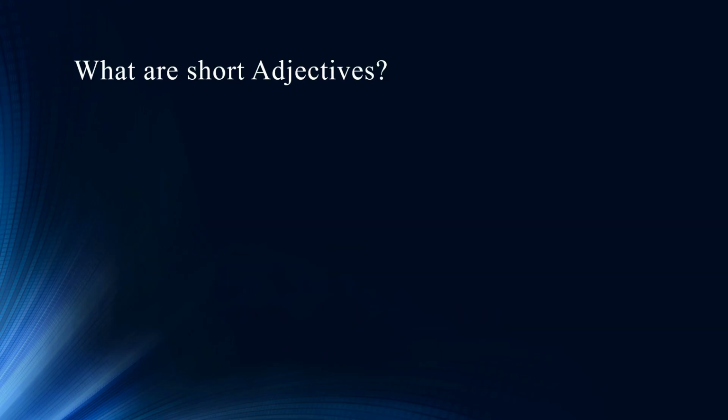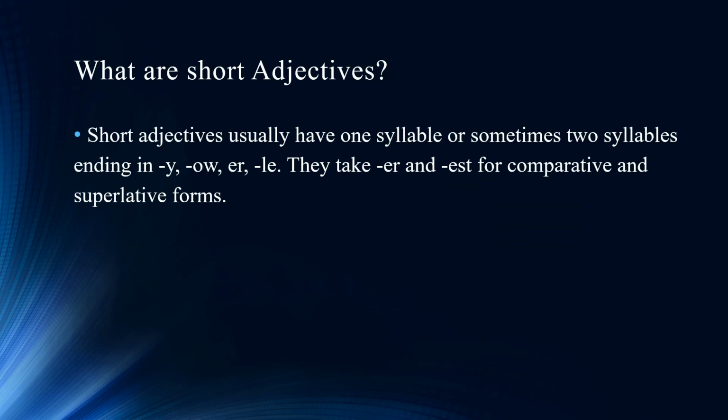What are short adjectives? Short adjectives usually have one syllable or sometimes two syllables ending in y, o, w, e, r, l, e. So y, o, w, e, r, l, e, these are the ending letters of short adjectives. As the name suggests, the adjective or the word is short, containing one syllable or two syllables.